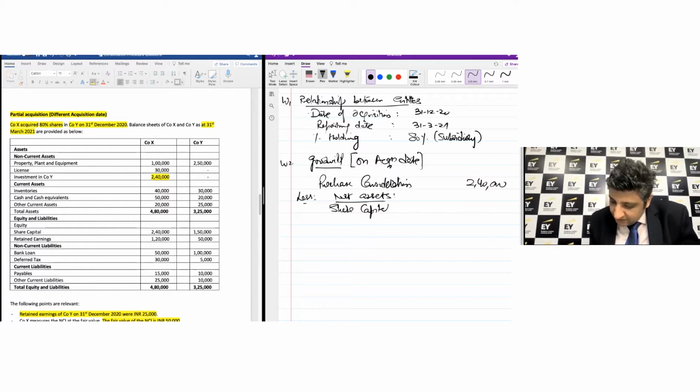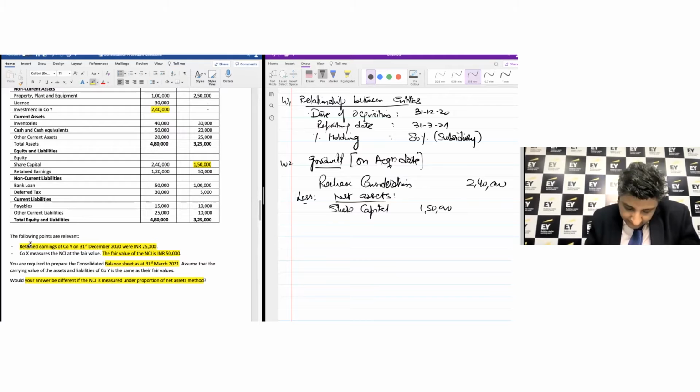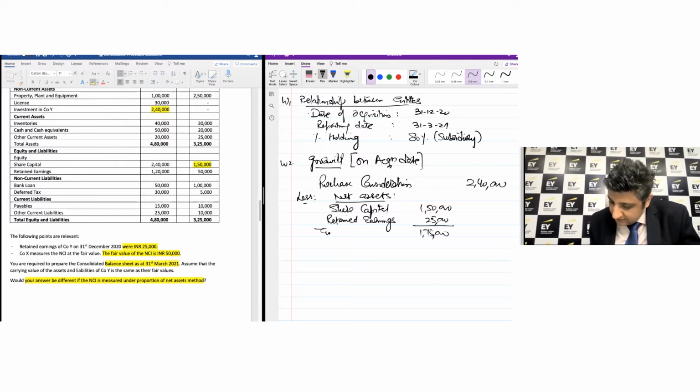Okay. So what you want to remember here is you want to keep the share capital as it is, which is 1,50,000. But your retained earnings to be used are 25,000 rupees. Now this gives me my total net assets. Please bear in mind, this is all on the acquisition date.